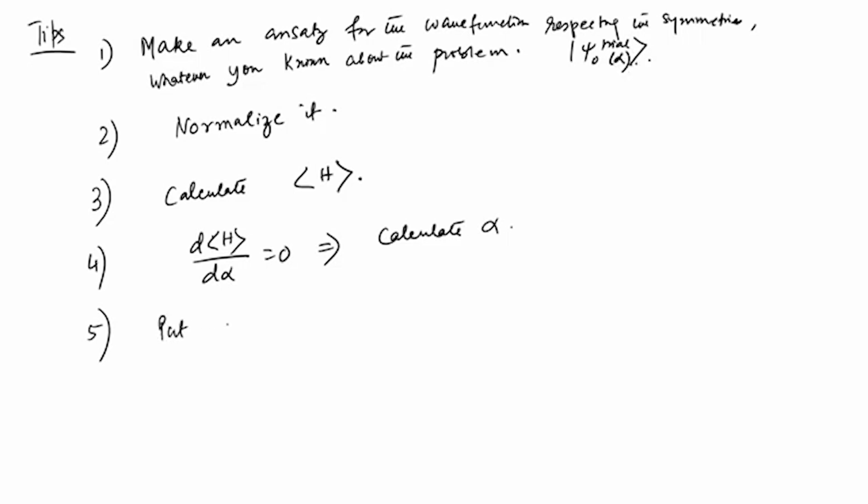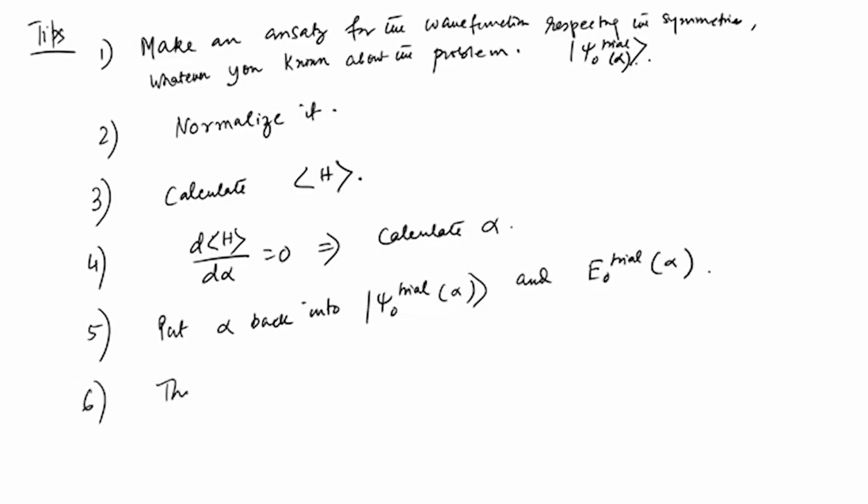Put alpha back into psi 0 trial alpha and E 0 trial alpha. This is the upper bound to the ground state energy. It also works for excited states.